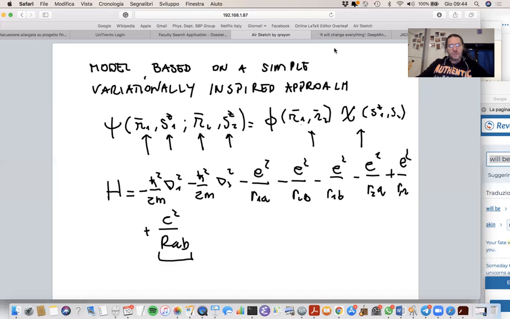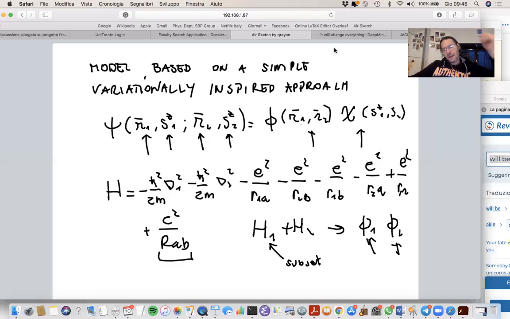But as you can see, there's no term involving spin, and in particular, no term involving spin and position at the same time. If you remember from all the discussions we had in the past, anytime the Hamiltonian can be considered as a sum of two parts, each one depending on a subset of variables, then the wave function can be factorized in two parts, each one depending on the corresponding set of variables.